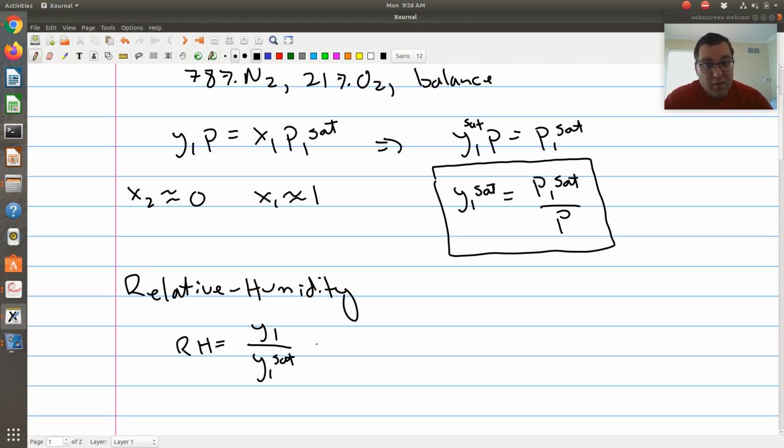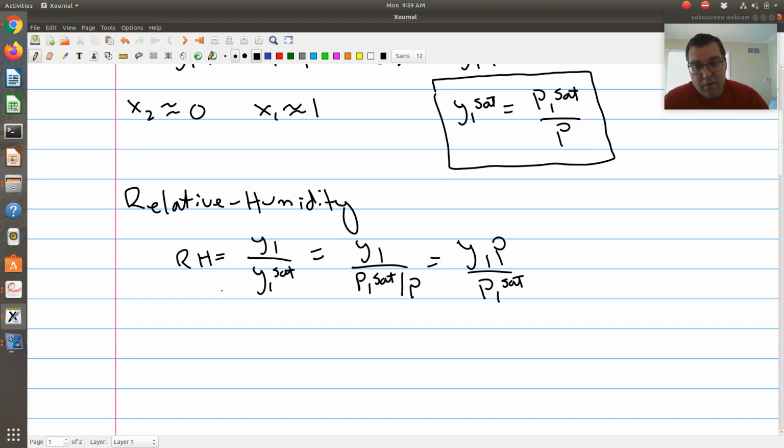So how this is typically written, and why I put that superscript of sat on there, is I can plug in for y1 sat, P1 sat over P. So this becomes y1 divided by P1 sat over P, or finally y1P over P1 sat. And if you really wanted to, you could write this with the partial pressure, just P1.